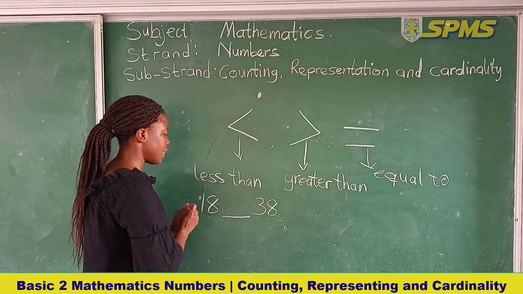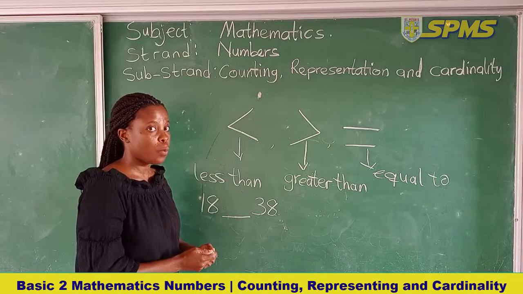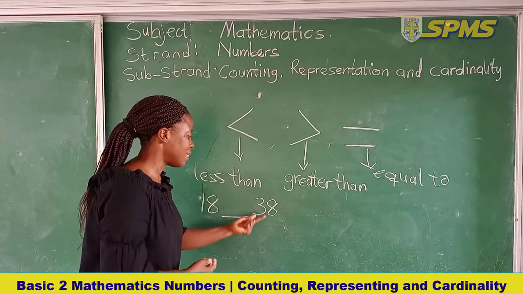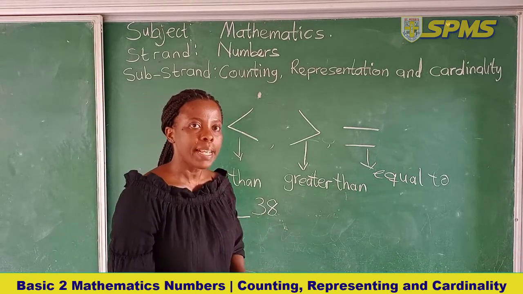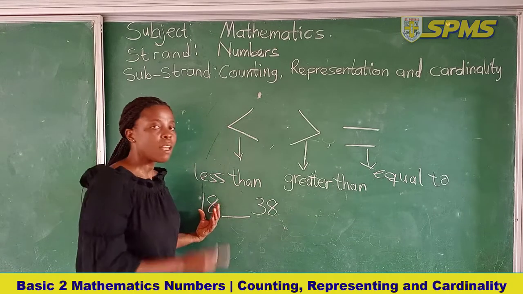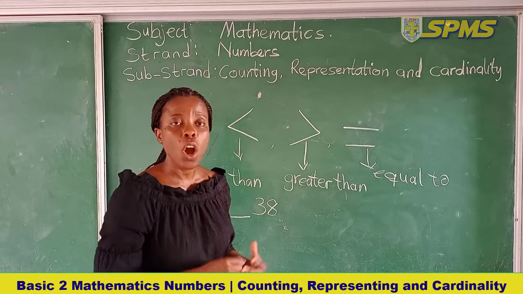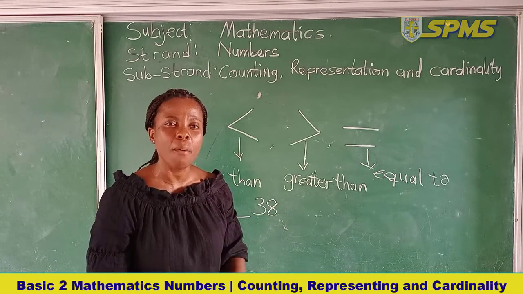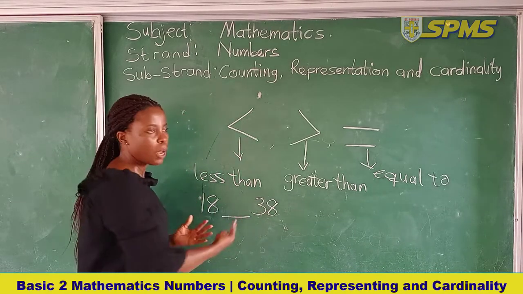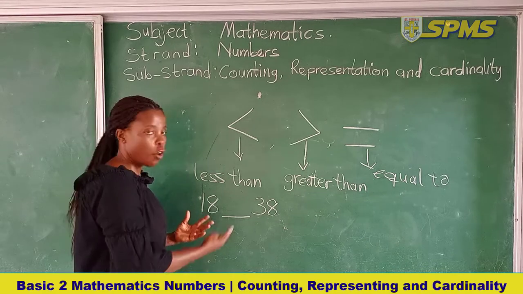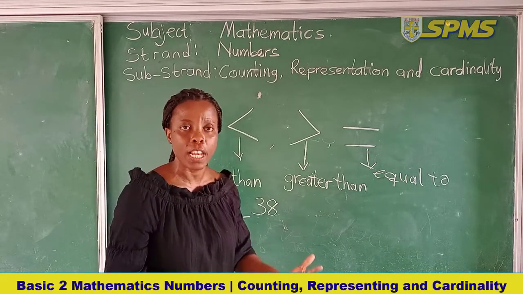So 18 is definitely going to be what? Lesser than 38. Why am I saying 18 is lesser? 18 is the number that is coming first. So we always look at the number that is appearing first. Of course, you first of all compare each number the way I did, by using their place value.